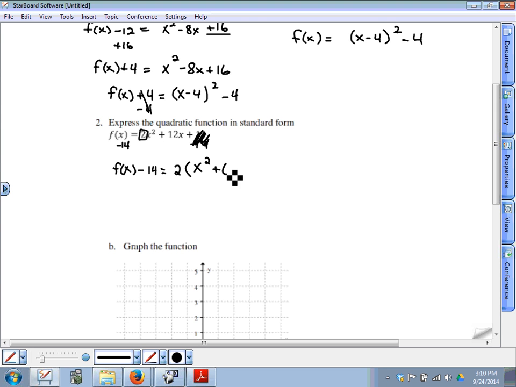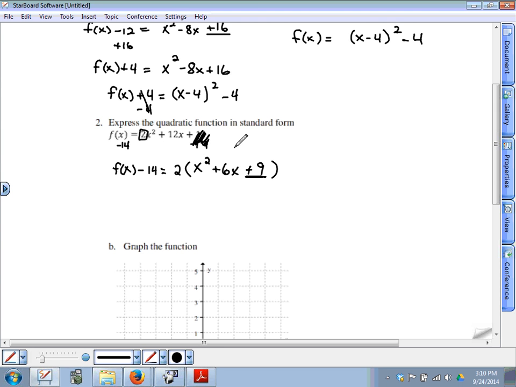That's going to leave me x squared plus 6x. I'm going to close the parenthesis way out here because this is where you're going to add that number that completes the square. 6 is 3 plus 3. So 3 times 3 is going to give us a plus 9. Okay. Now we've got to balance out the equation again. It really isn't a 9 that has been added to the right side of this equation, because if you redistribute the 2 back into this parenthesis, 2 times 9 is really an 18.